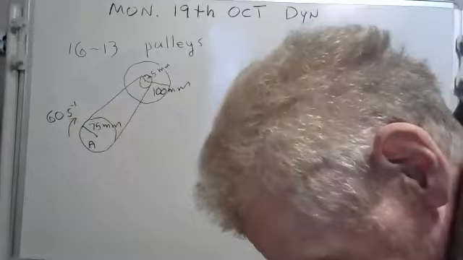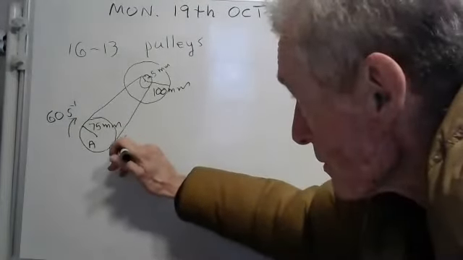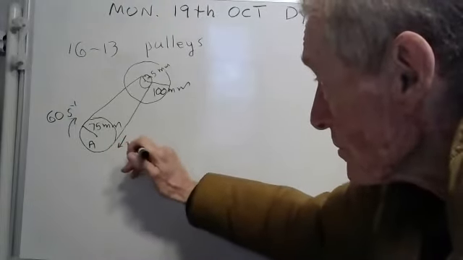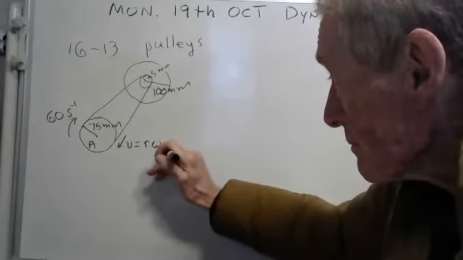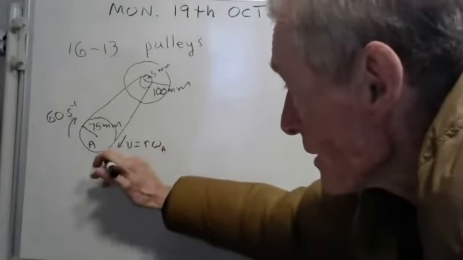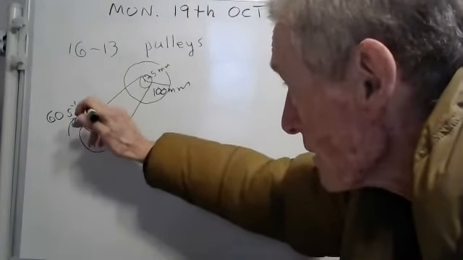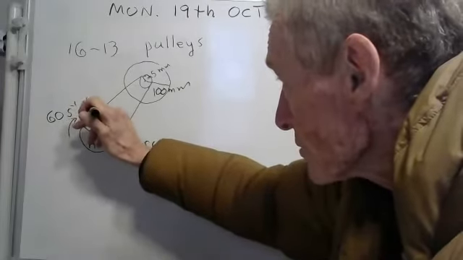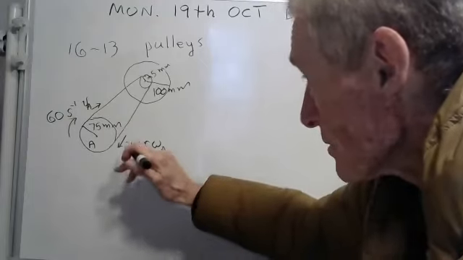That's what they said. Now the way it works is this pulley is going this way with a velocity equal to r omega A. But that same belt has to have the same velocity here. We ought to call it v sub A. That's the velocity of that belt.